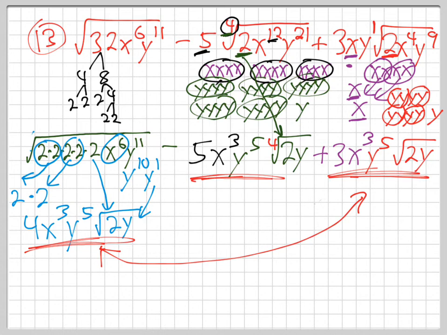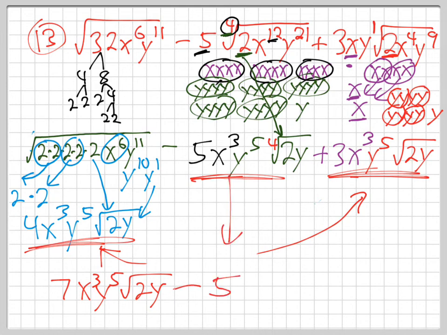X to the 3rd, Y to the 5th, root of 2Y. X to the 3rd, Y to the 5th, root of 2Y. 4 of them big ugly things, and 3 more of them big ugly things. What do we got? 7 of them big ugly things, right? 4 of them and 3 of them. So 7 of those X to the 3rd, Y to the 5th, root 2Y things, minus, and then the other one, just bring it down.